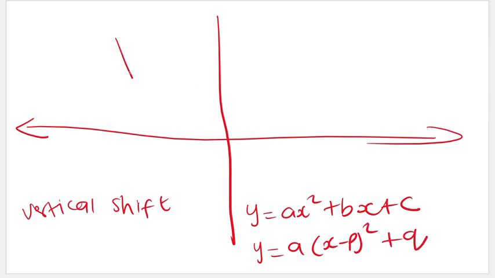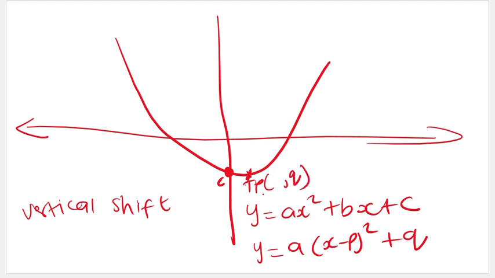So let's say this is our equation. Remember, c is the y-intercept and q is the y value of the turning point. So let's say this is our turning point, and this is obviously the y-intercept. c will be this value over here, and q will be this value here for the turning point. It will be the y value of the turning point.